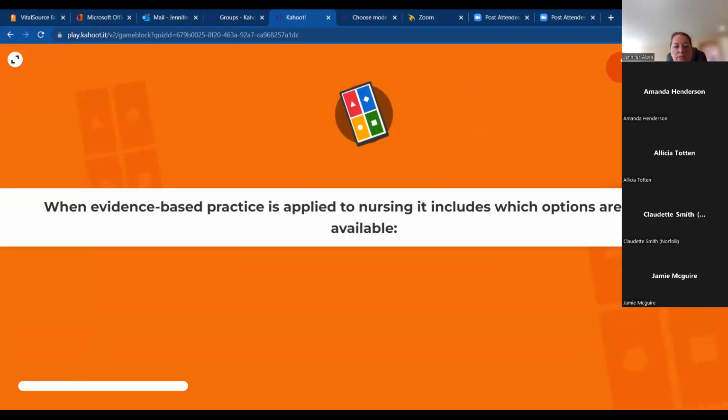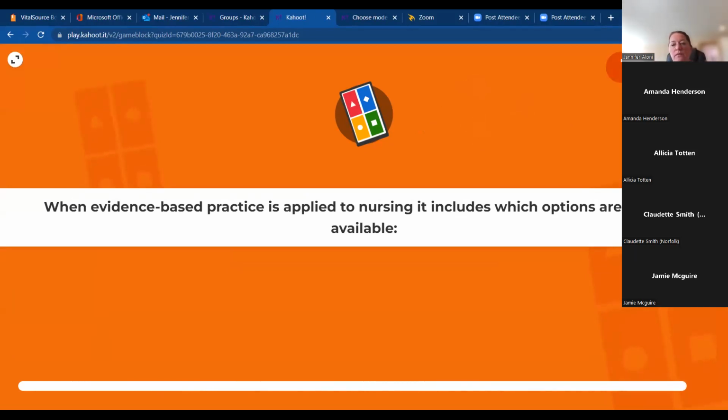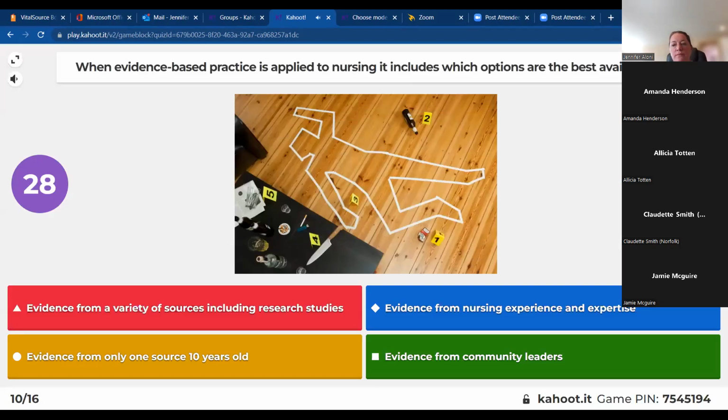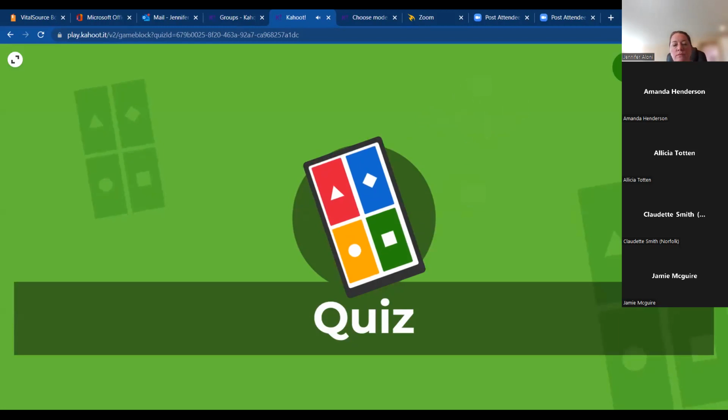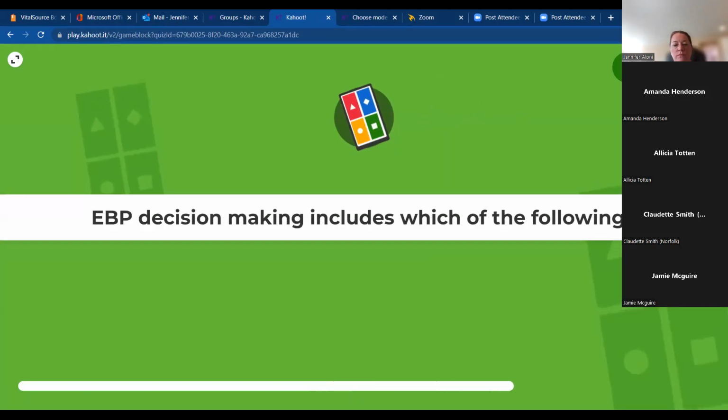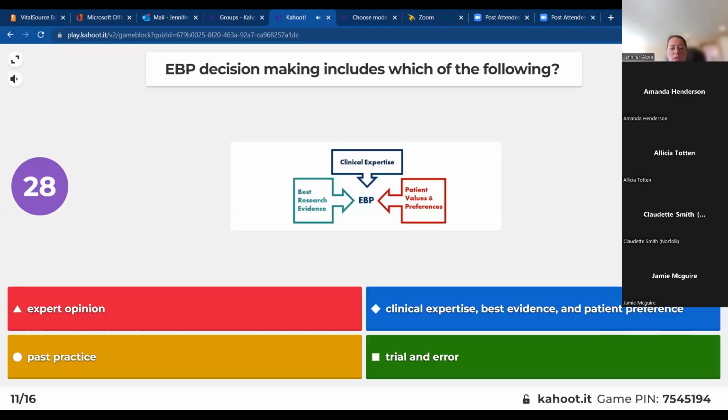Multi-select here. This is kind of, we did this already. I'll skip it. Evidence-based decision-making requires which of the following?